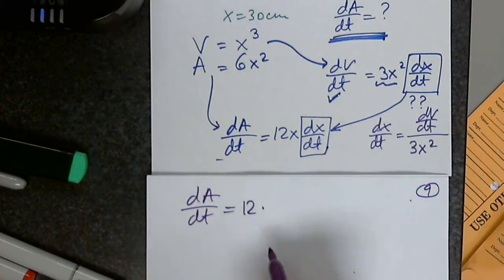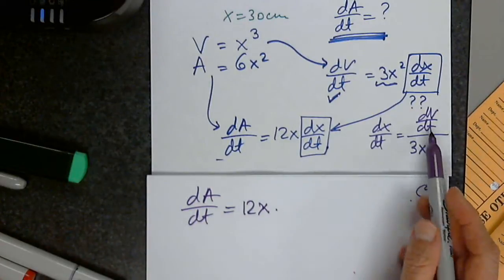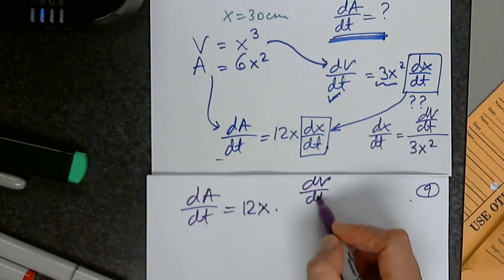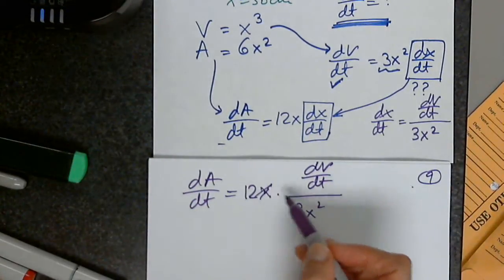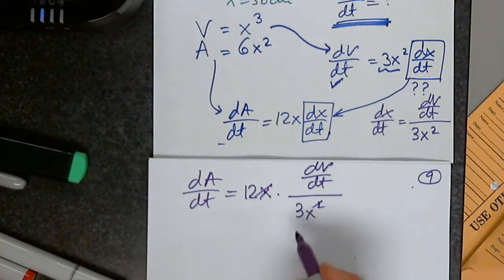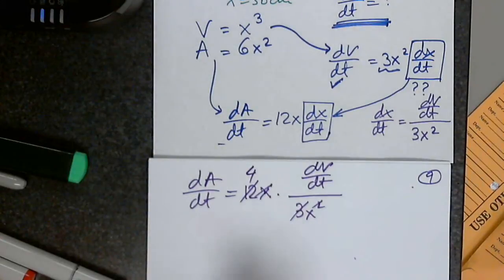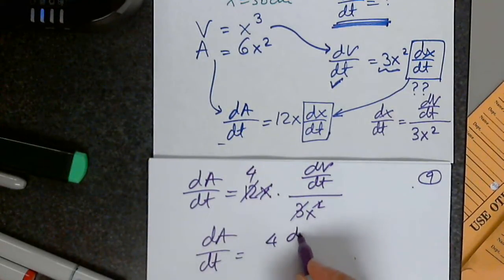So I have 12x times this, dV over dt over 3x squared. Look what happens. 1x goes away. 3 goes away. So then dA over dt is 4 dV over dt divided by x.